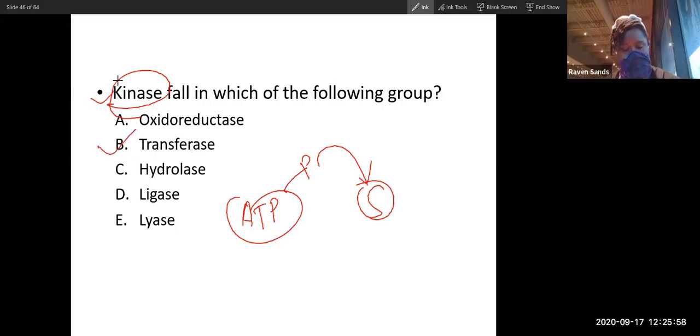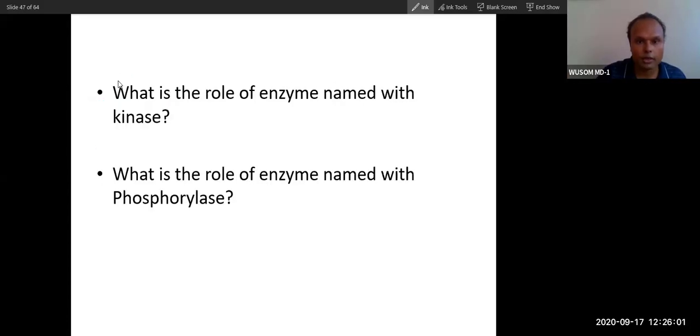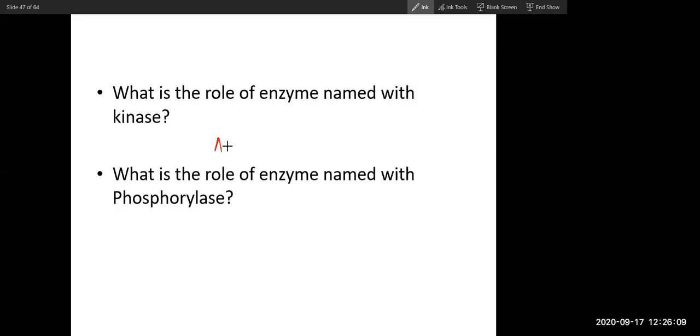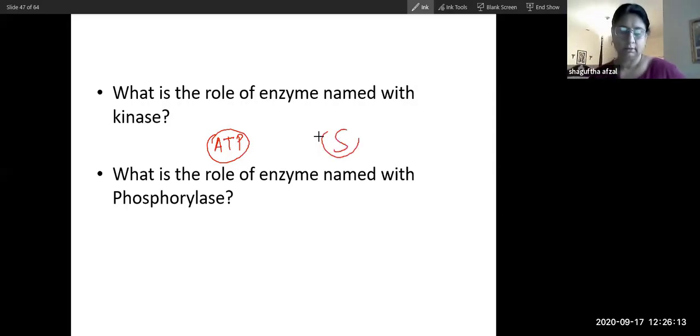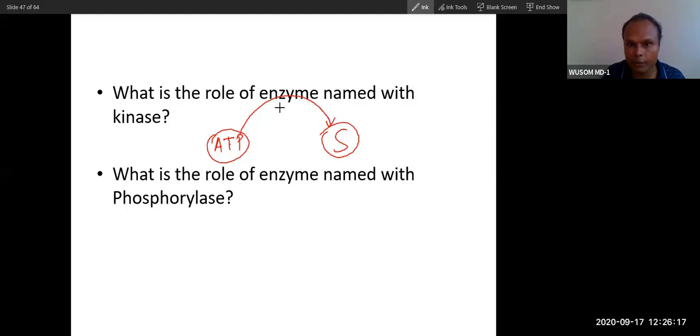All kinases are transferases. Remember this. What is the role of an enzyme named with kinase? They transfer phosphate from ATP to a substrate. This is kinase.